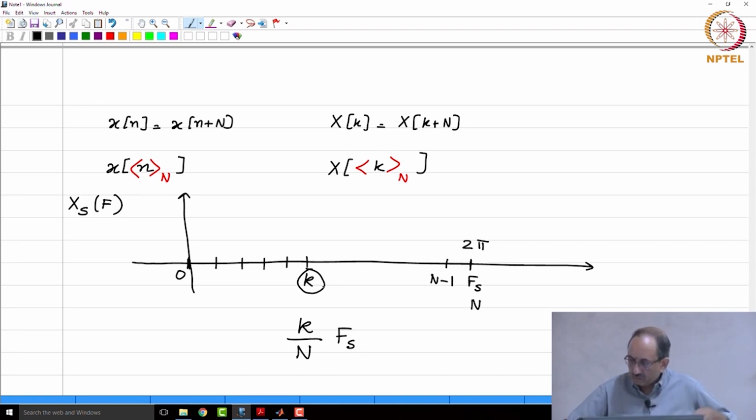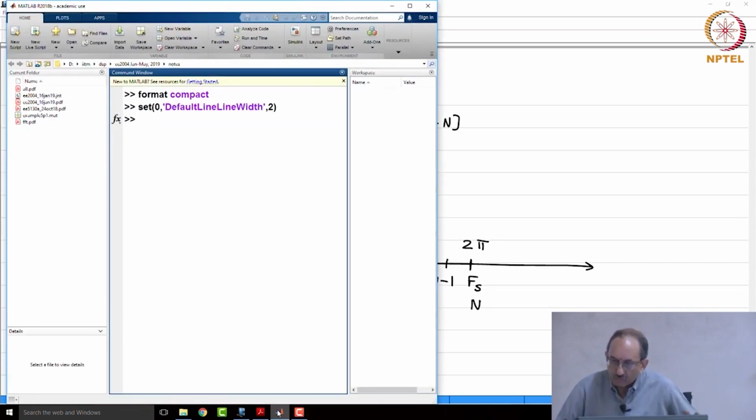Let me see if I can quickly show this in MATLAB. Suppose I have n going from 0 to 15, so I have 16 points, and I am forming a sinusoid with a frequency of 1 kilohertz, and the sampling frequency is 8 kilohertz.